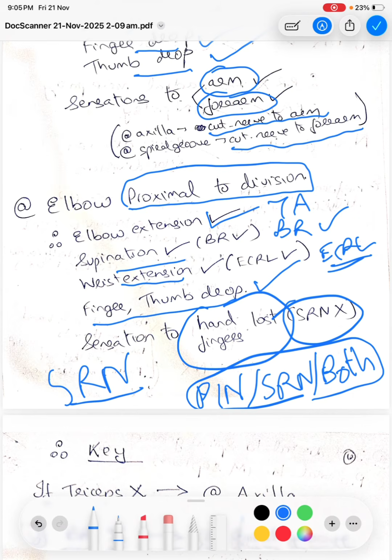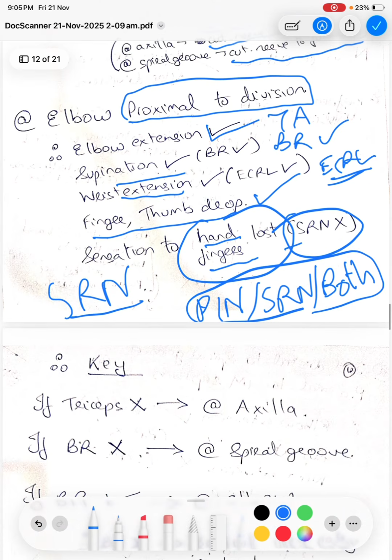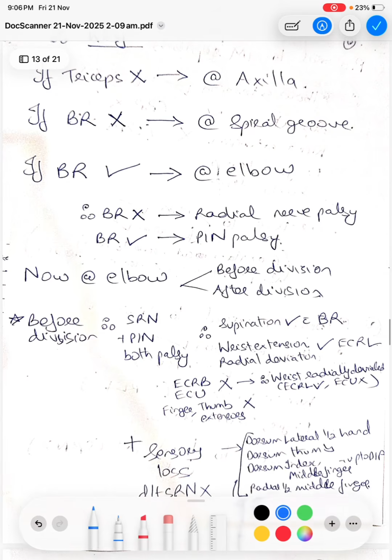Along with that, the sensations at the hand and finger are also lost. But if you find that the sensations at hand and finger are intact, then you can say it is a pure motor PIN palsy. However, if only the sensations at hand and finger are lost and the motor component is intact, you can say it is a pure superficial radial nerve palsy. Okay, so this is the basic concept booster.